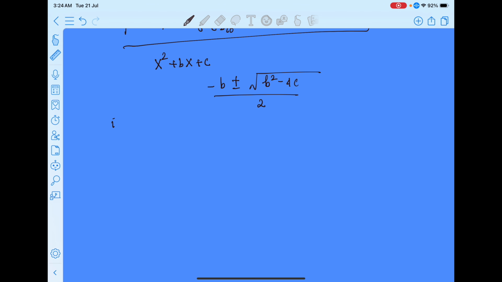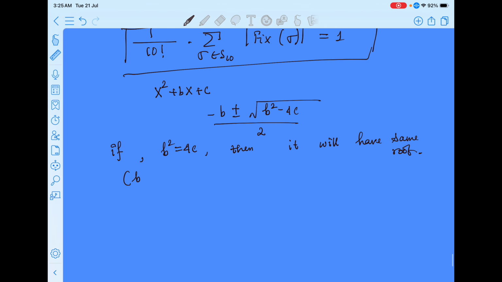So if b square equal to 4c, then it will have the same root. Okay, so b square equal to 4c, so the point is b comma c, that is b comma b squared by 4.